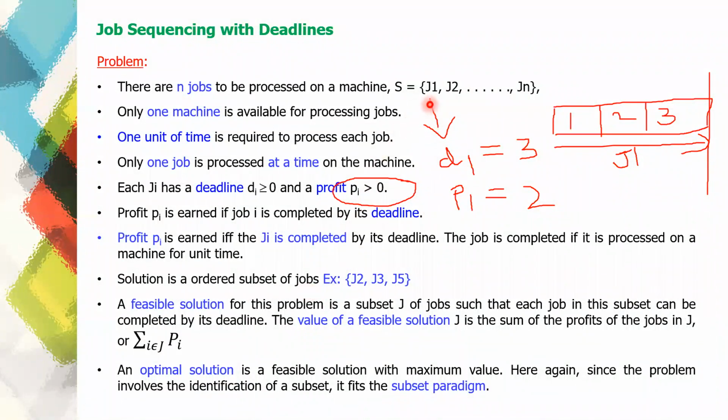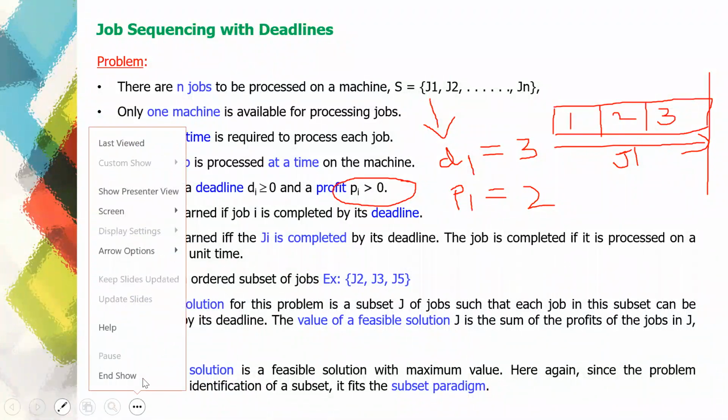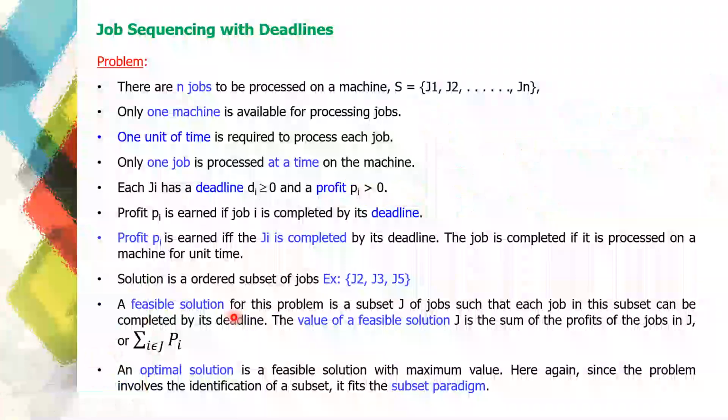You have been given n jobs, and this solution will be a subset of the n jobs. And it's an ordered subset, which means there is a particular order. Here the order is J2, J3, J5.